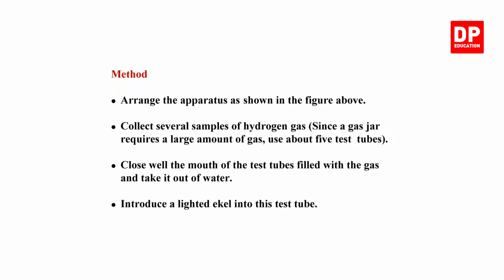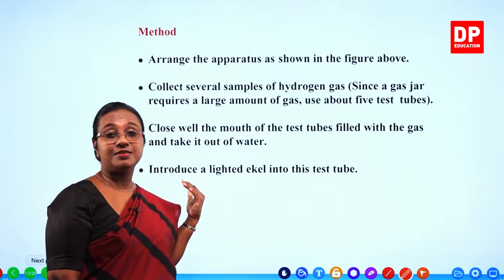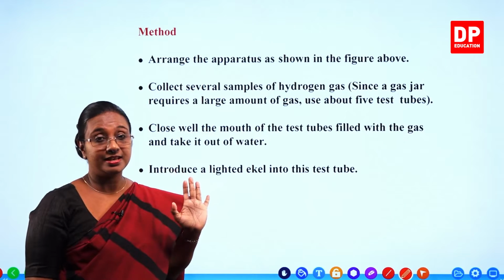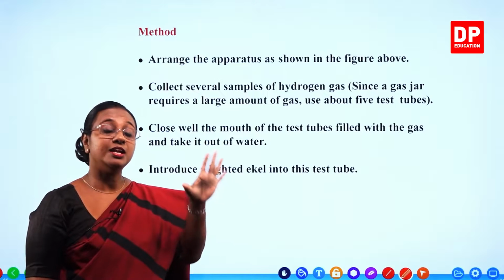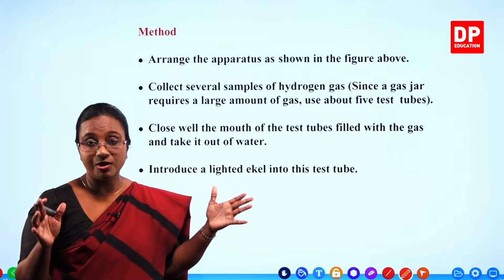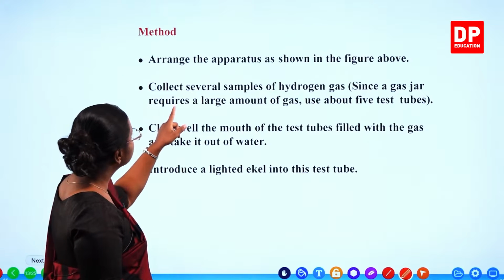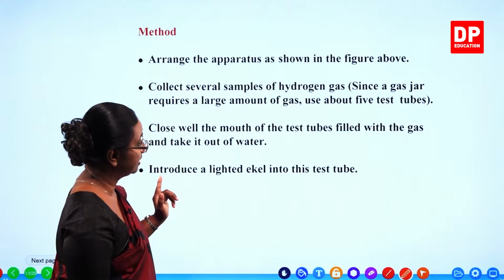So the method. Arrange the apparatus as shown in the figure above, that was there in the previous slide. So you have to arrange that setup and you should be able to identify all the glasswares and all the materials that we use there. Then collect several samples of hydrogen gas.